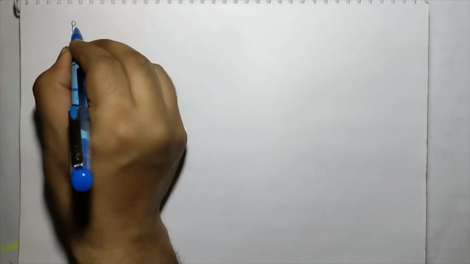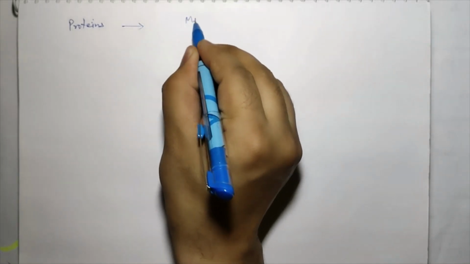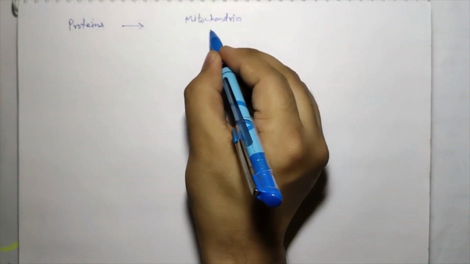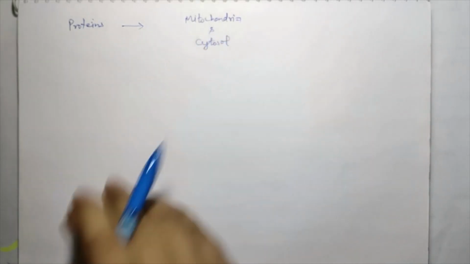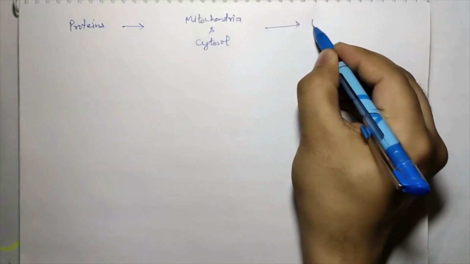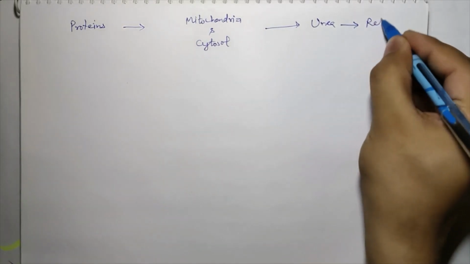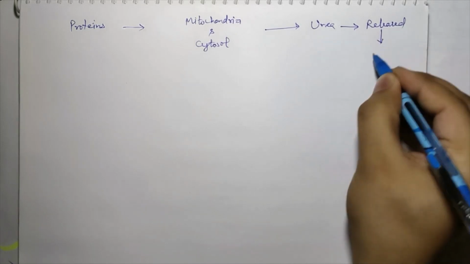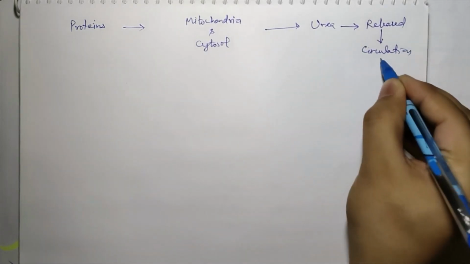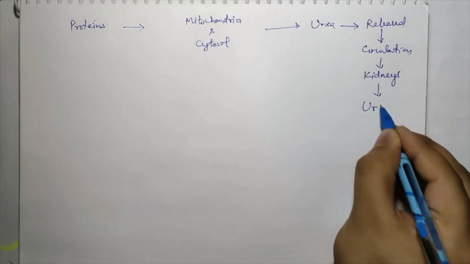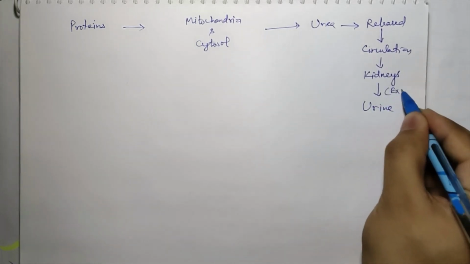So basically here we have a raw material derived from the metabolism of proteins, and a site that is mitochondria, and the other site is cytosol, and subsequently urea is formed, released into the circulation, and from circulation it enters the kidney and is excreted through urine.